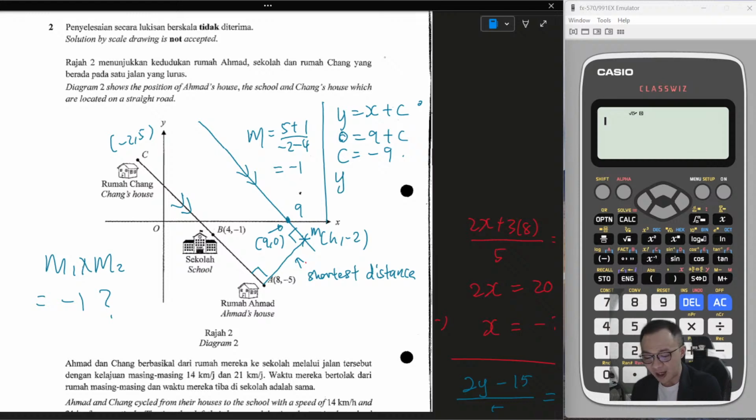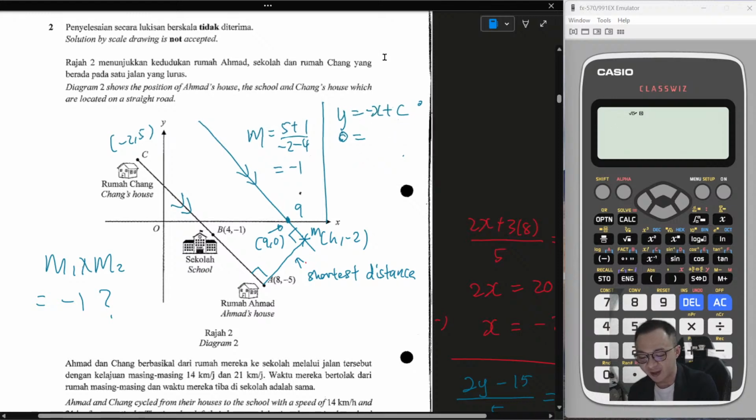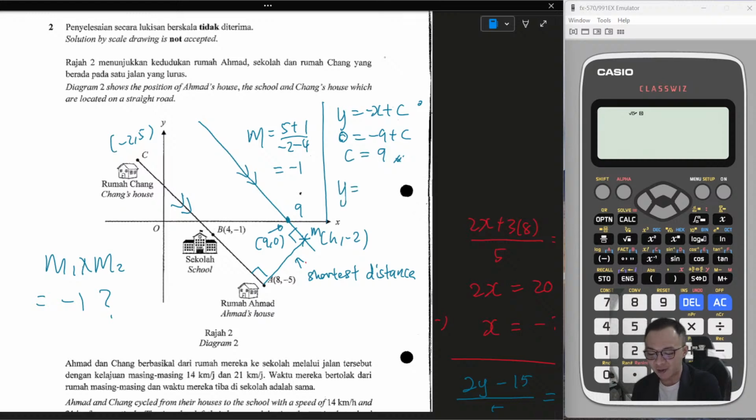Okay, so y equals, this is -x, sorry. It's not 1x, it's -1x. Then this one will be -9 plus c. Then c will be 9. So the equation of this new parallel route is y equals -x plus 9.